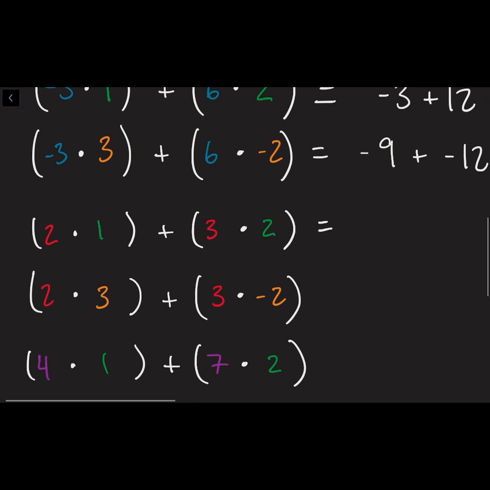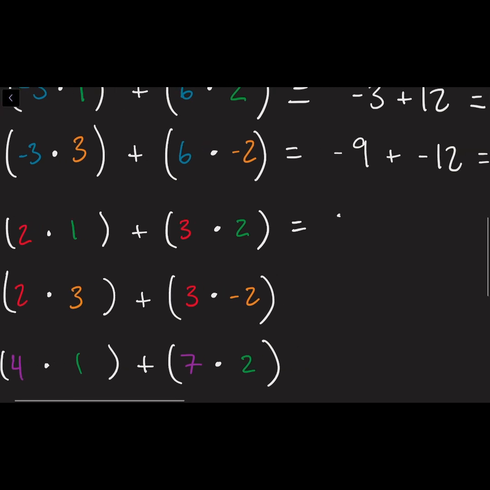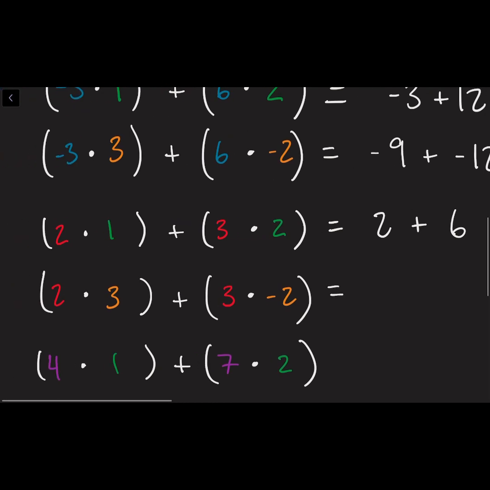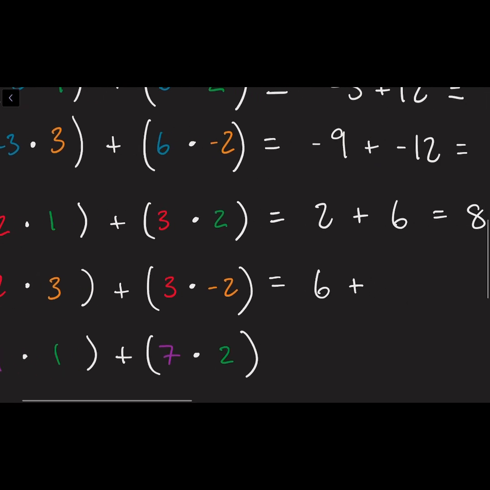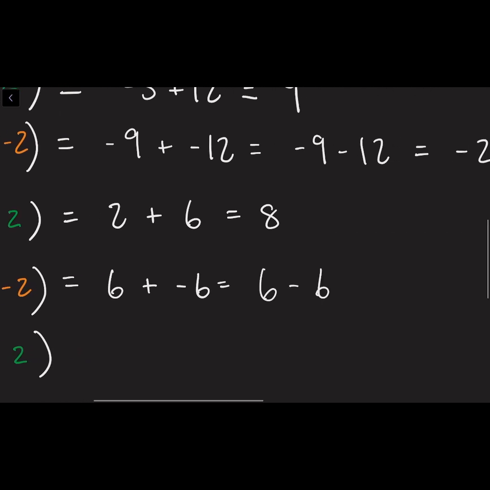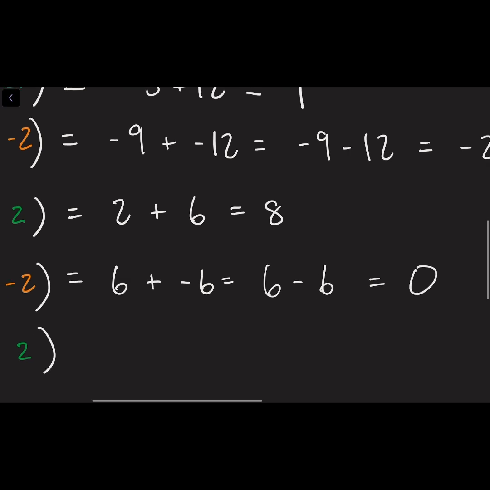We got 2 times 1 is going to give us 2. Plus, we got 3 times 2 is going to give us 6, which is going to give us a final value of 8. Same thing, we got 2 times 3, which gives us 6. Plus, we got 3 times negative 2. 3 times negative 2 is going to give us a negative 6, which is going to be 6 minus 6, which is going to give us a final answer of 0.